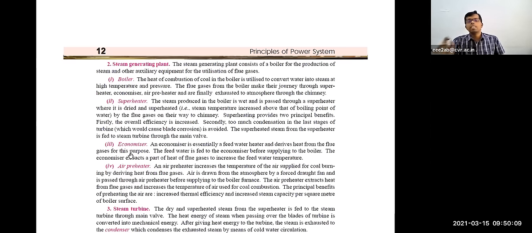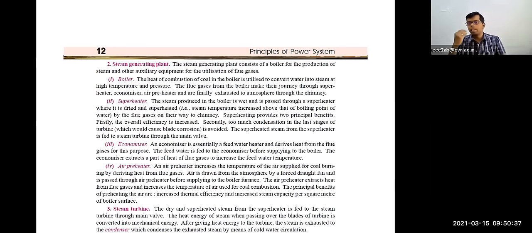So instead of giving normal water to the boiler, we are giving hot water to the boiler itself. So the efficiency of the boiler can still increase. How are we getting heated water? Via the flue gases.